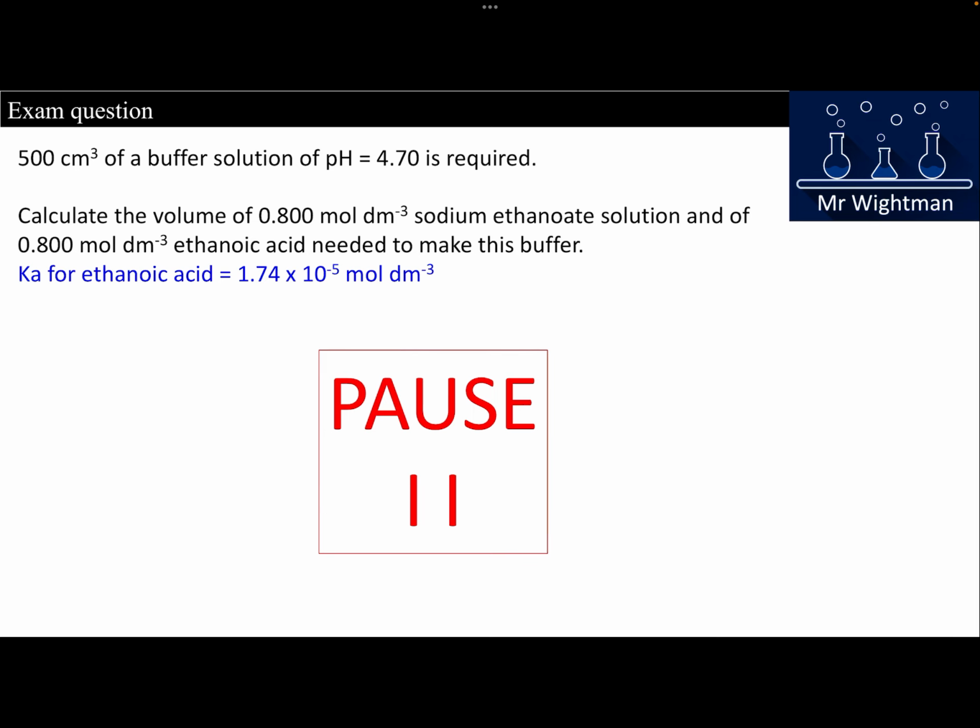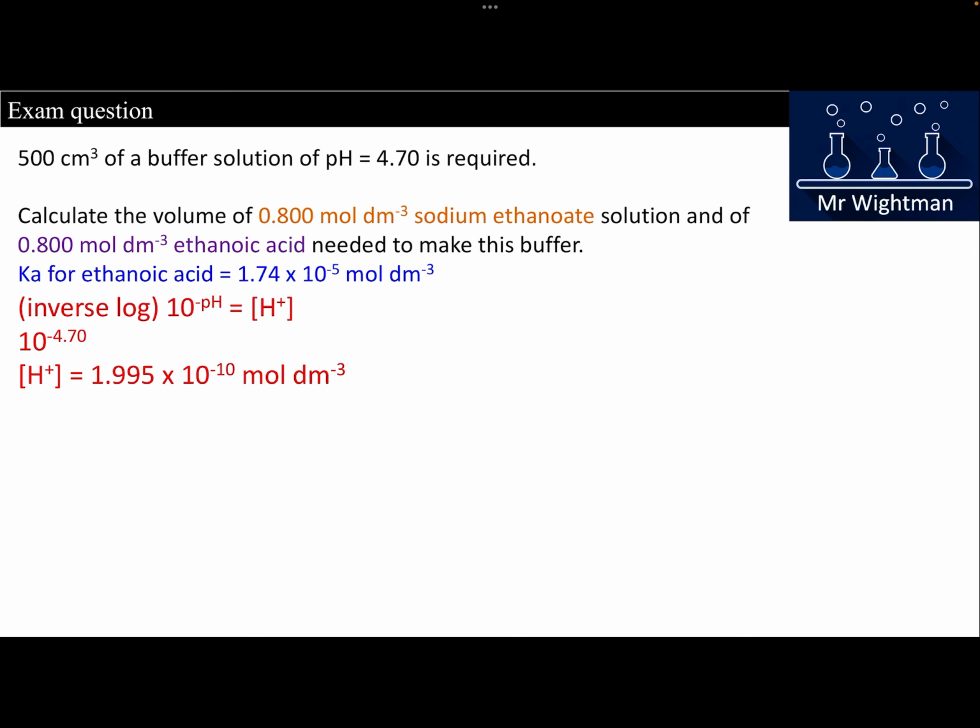So 500 ml of a buffer solution of pH 4.7 is required. Calculate the volume with a concentration of 0.8 sodium ethanoate solution and of 0.8 ethanoic acid needed to make that buffer. If you did inverse log minus pH, that would have been usually the first mark students get. 1.995 times 10 to the minus 10 is going to be your hydrogen ion concentration.